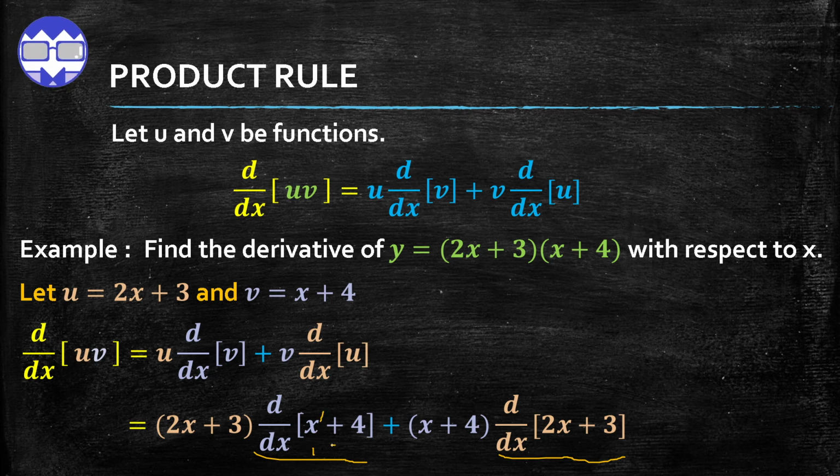So we have 1 times x to the power of 1 minus 1. Then of course, the derivative of 4 is 0. Here, the derivative of 2x is 2 times, it's the same, 1x to the power of 1 minus 1 plus 0. Okay, so we'll have something like this, diba?